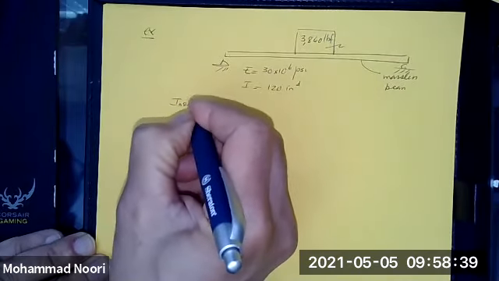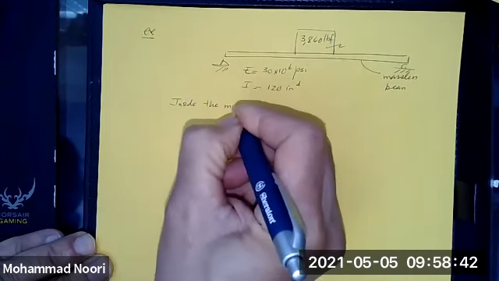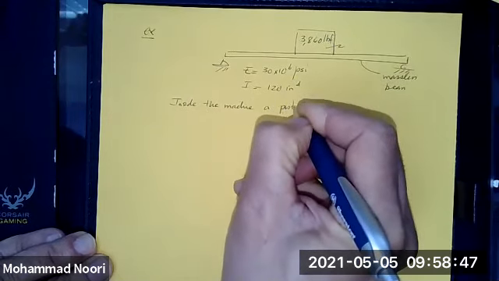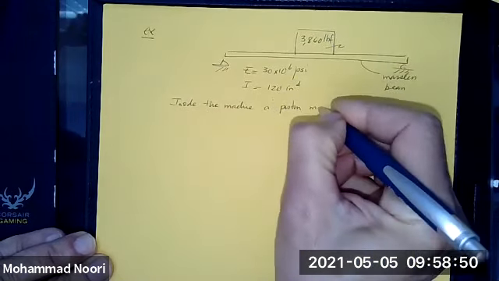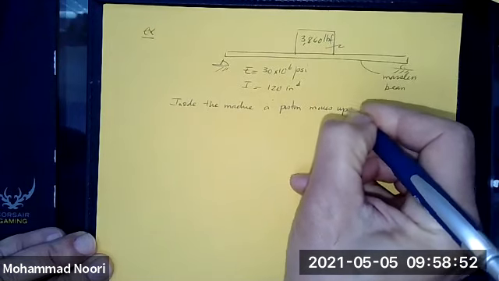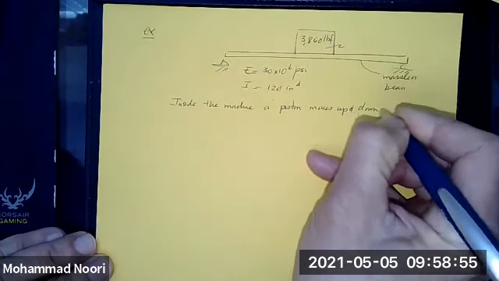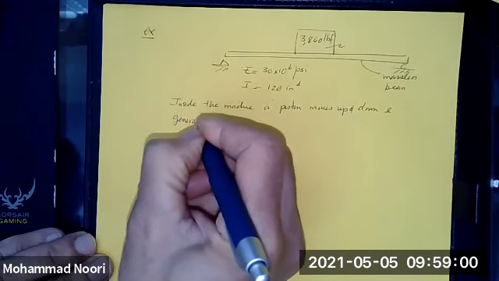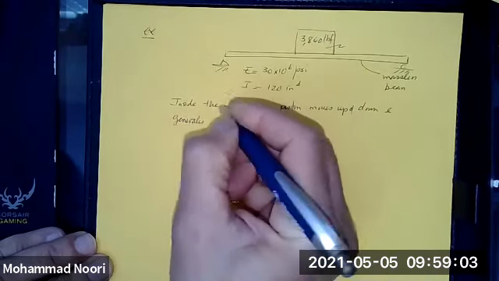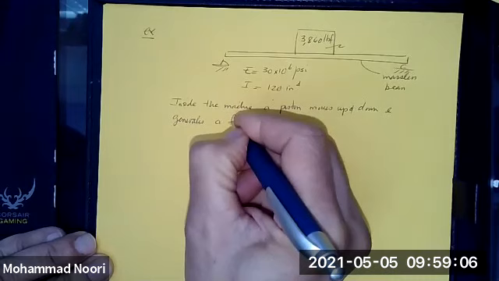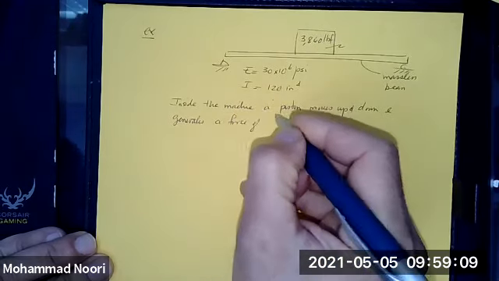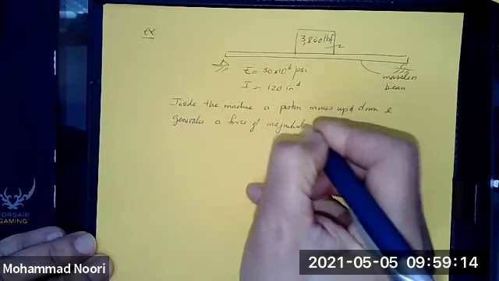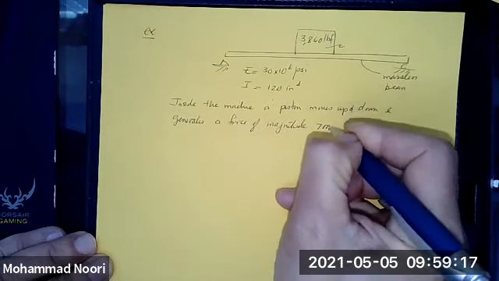Inside the machine, a piston moves up and down and generates a force of magnitude 7,000 pounds.